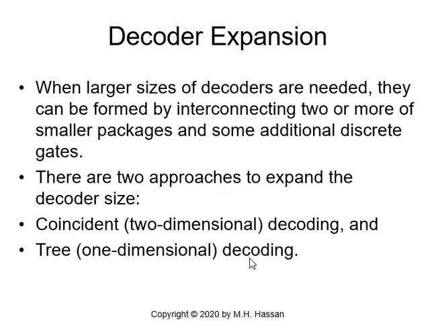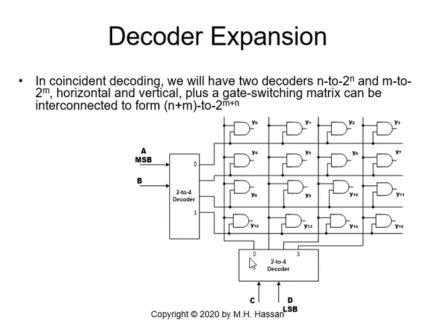Now, in the coincident or 2-dimensional scheme, we will have 2 decoders. One is n to 2 to the power n, and the other is m to 2 to the power m, horizontal and vertical. Plus a gate switching matrix can be interconnected to form an n plus m to 2 to the power m plus n decoder.